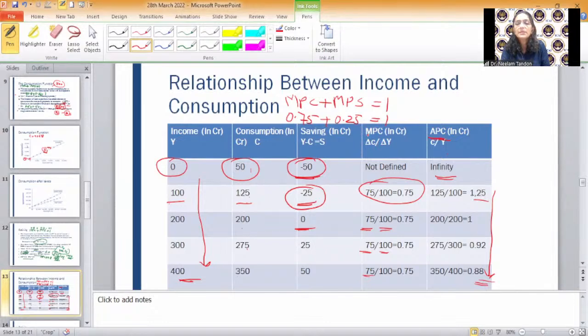Marginal propensity means desire to consume with each additional rupee of income, while average is the desire to consume on an average. So as your income increases more and more, your desire to consume in the same proportion is not there. It is less over a period of time. That is APC. You can see here APC is continuously reducing.